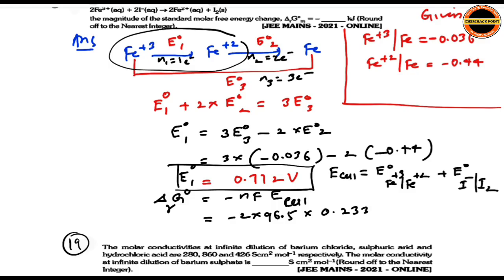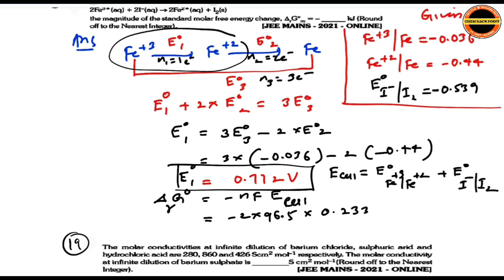We got the 0.233 value here, right? See, now the 0.233 value we got. Even this value is also given, you take it, E naught I minus to I2, which is equal to minus 0.539.